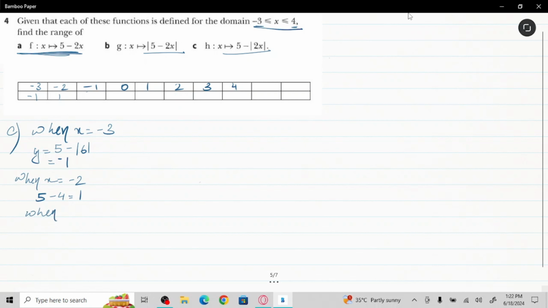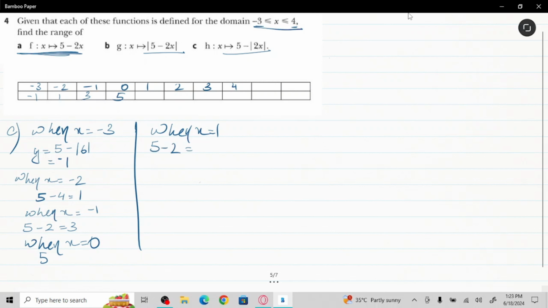When x is equal to -1, 5 minus 2 is equal to 3. When x is equal to 0, we have just 5. And when x is equal to 1, we have 5 minus 2, which will again become 3.